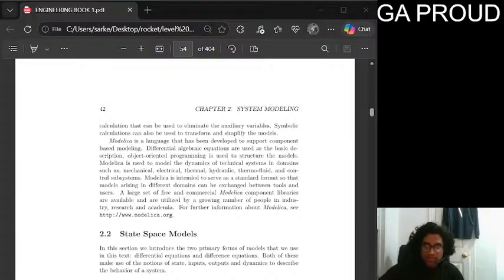So, I'm currently writing a book. Can you do a LaTeX code for these images?